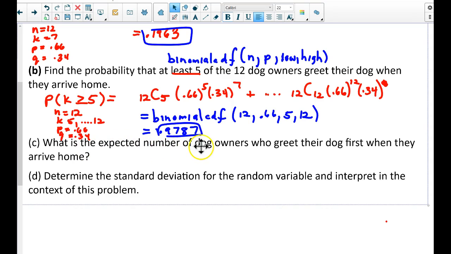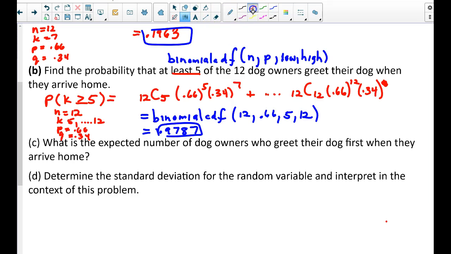Would like to do part C and D of this problem. What is the expected number of dog owners who greet their dog first when they arrive home? So when they're looking for the expected number, what they're really looking for is the mean of the distribution. And the mean of the distribution, you can find the formula right on the AP exam.